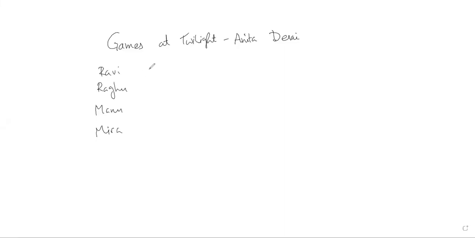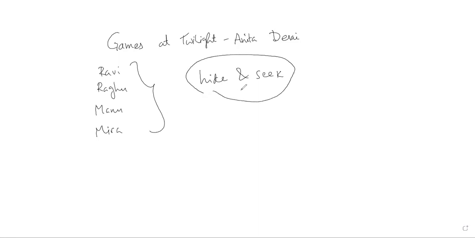And what happens? They like to play hide and seek. Hide and seek is a very popular game with the children, and these children have decided to play hide and seek.